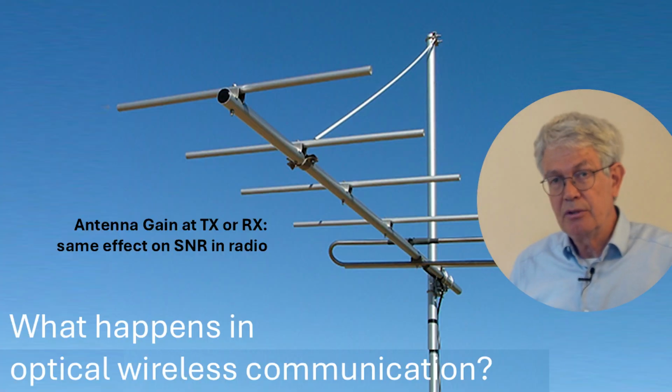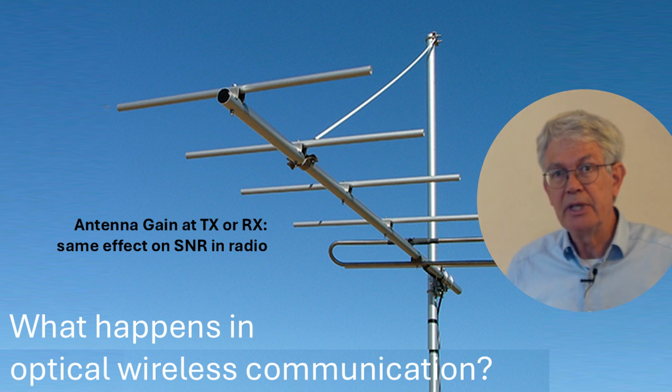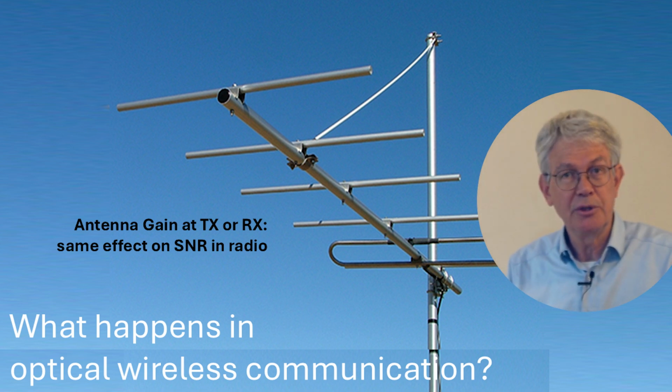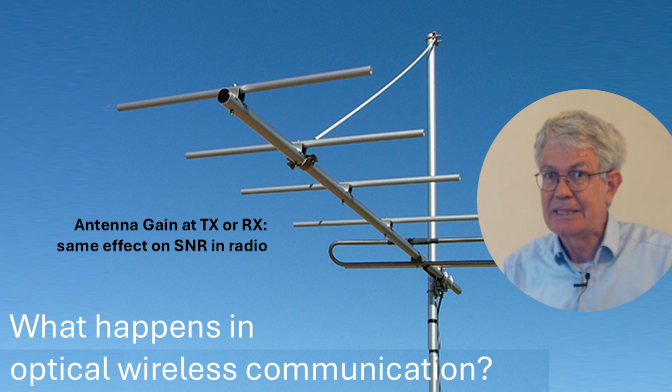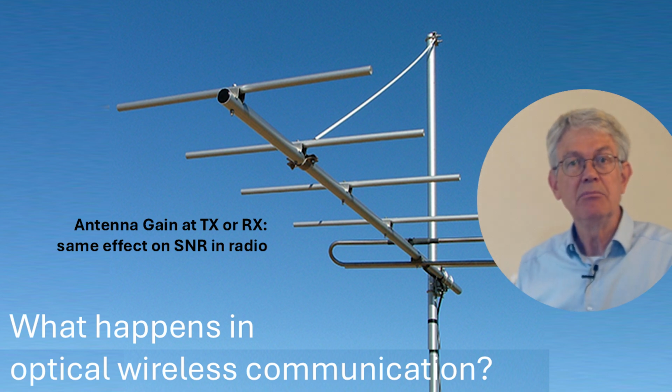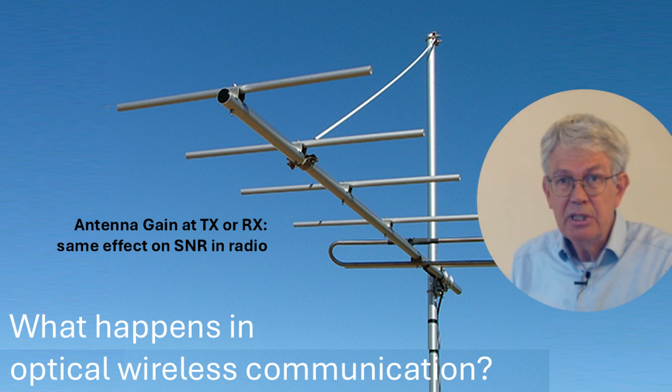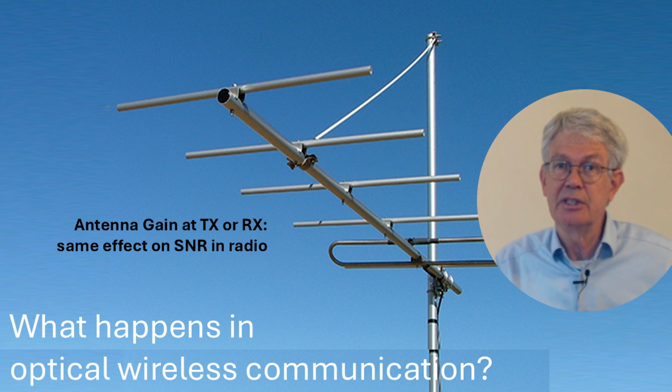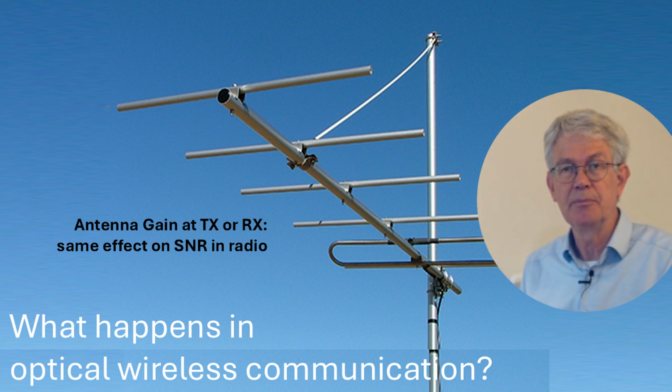Quite often, insights from radio communication are being used in optical wireless communication. But that could be tricky, and it could lead to misleading results, because things are different in radio communication and optical communication.